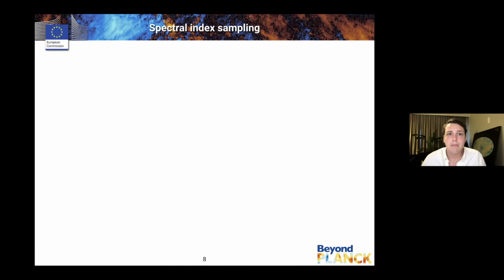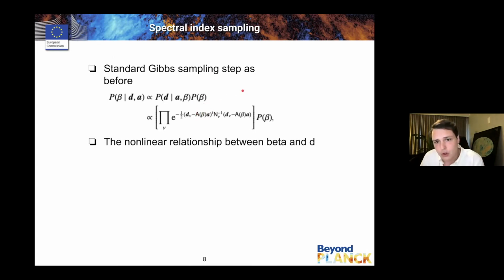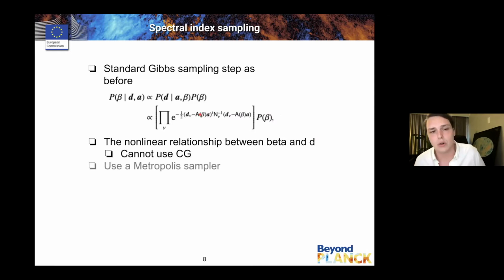The next step is the spectral index sampling. And it takes a similar form, but this time around we're interested in the beta term, which was in the mixing matrix within A. And because of the nonlinear relationship here between beta and the data d, we can't use a simple CG solver as we did previously, but have to resort to a Metropolis sampler instead.